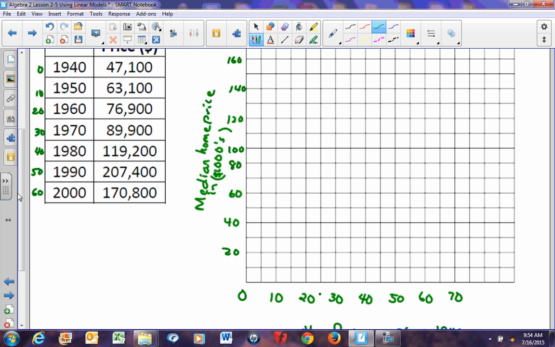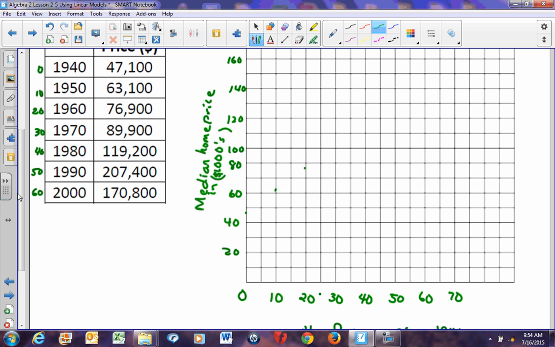So at 1940 it was 47,100, so approximately there. 1950, it was 63,000, so about there. 1960, 76,000, almost 77,000, there. 1970 is 89,000, almost 90,000.